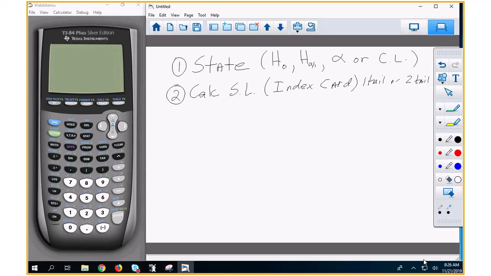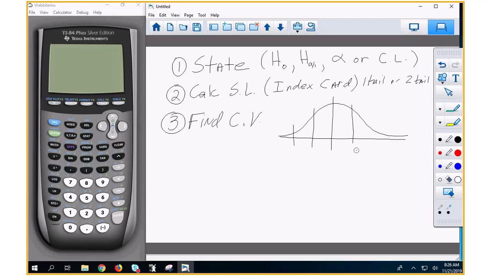Three, find the critical value. This is where you're going to use your Z or your T test, or the three previous formulas. Now, this is where you draw a picture most of the time. Some of the stuff that I've seen in the slides, they don't draw a picture. Of course, I don't think some of these people know how to teach, but that's just my own opinion.